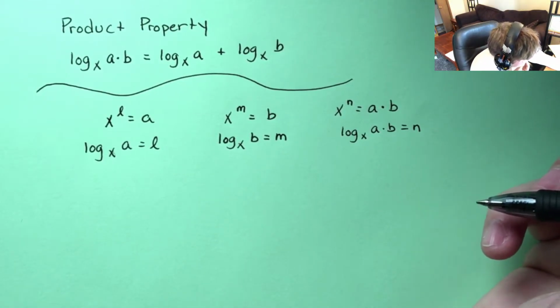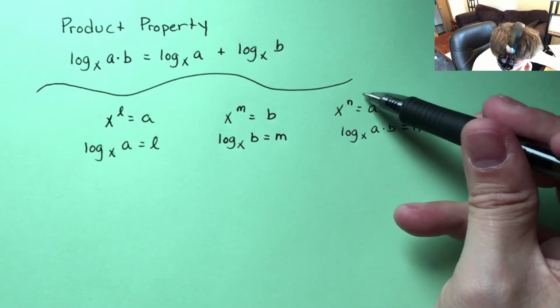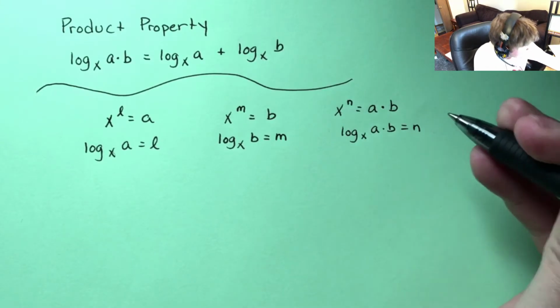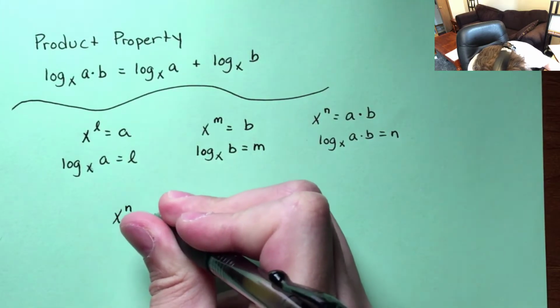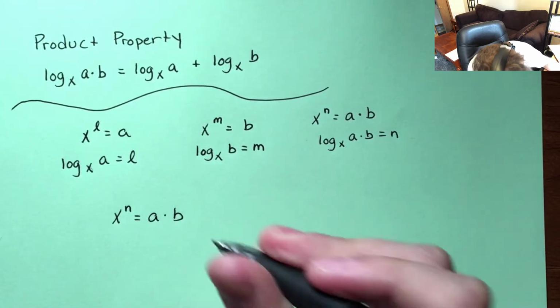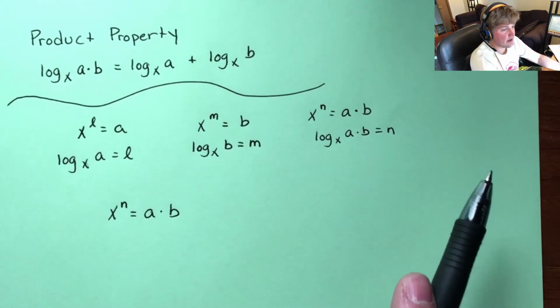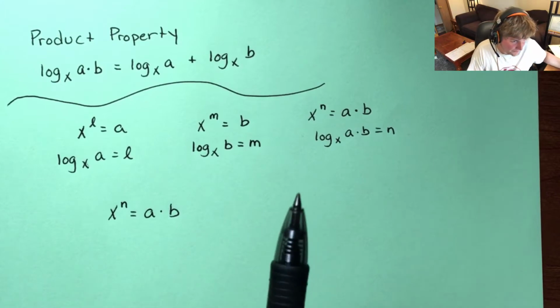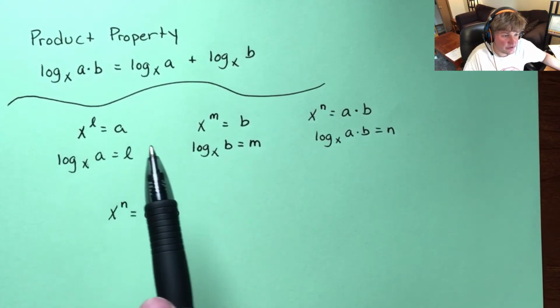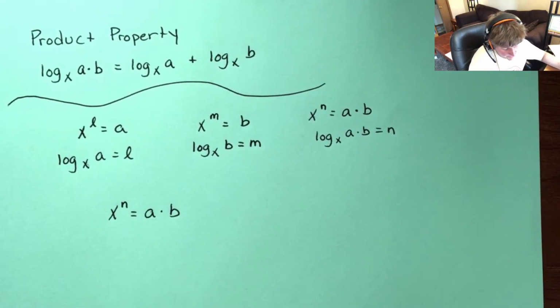Let's take this expression and write it down here: x to the n power equals a times b. This top part was just a little bit of setup. Realistically, the letters don't really matter as long as they're consistent with previous properties that we've dealt with.